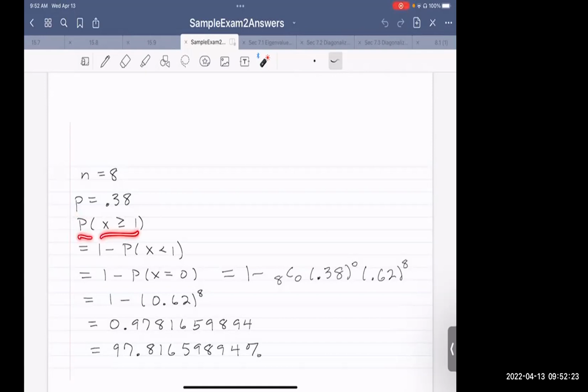So I want to find the probability of at least one. And so I want to find the probability that X is greater than or equal to 1. And so let's look at the complementary event. Find the probability X is less than 1. Well, there's only one number less than 1, 0. So we want to find 1 minus the probability X is 0.